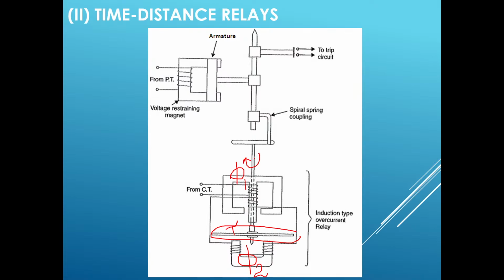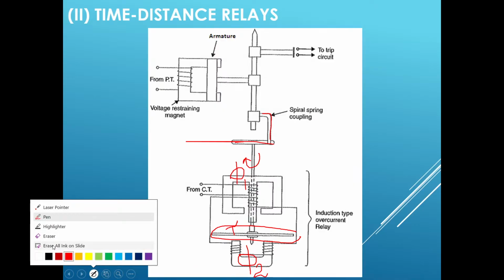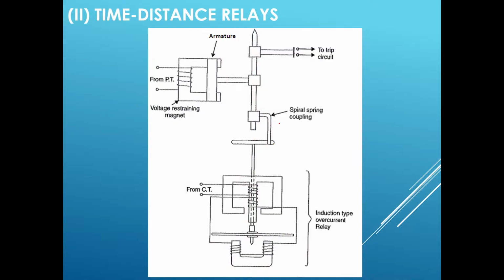When this rod rotates, you can see some frame that is here, and a spiral spring is connected above it. So what will happen? This spring gets twisted. When the spring gets twisted, this rod starts to move.